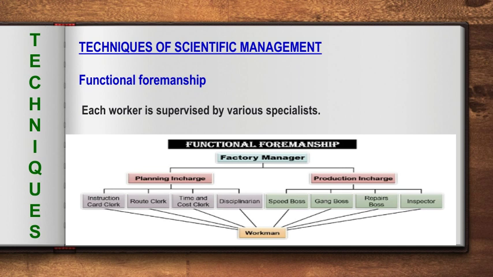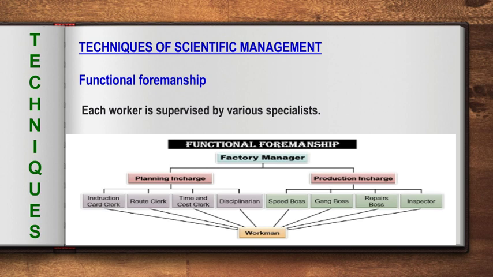It will help in the proper functioning of every worker, as the worker will be supervised by different specialized supervisors or foremen during the process of the work. So we can say that Taylor developed functional foremanship in order to be able to supervise the workers in a better way.